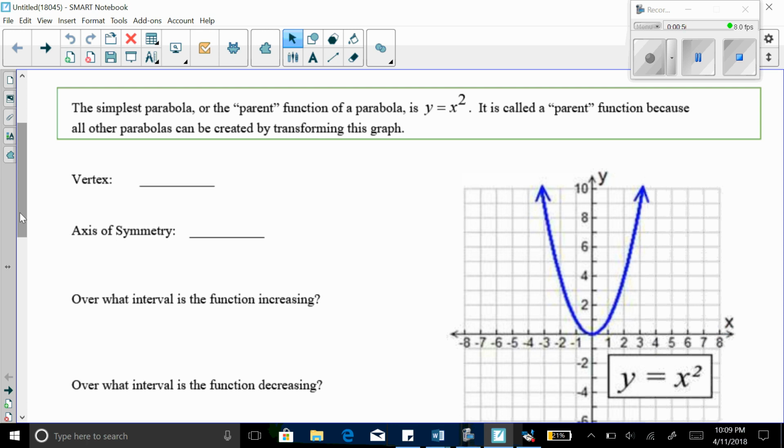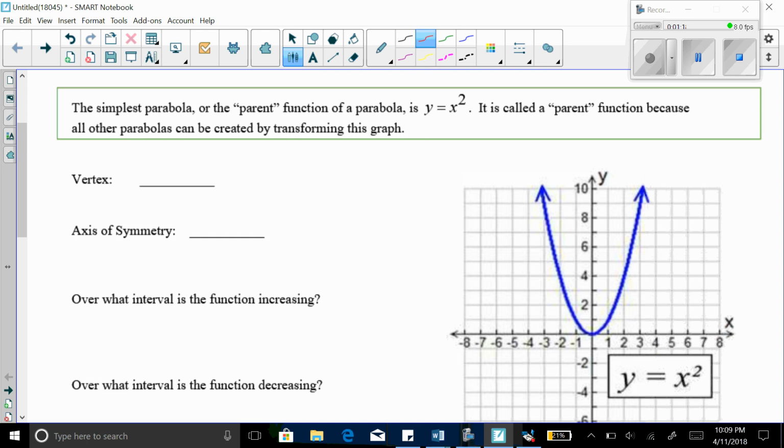So we start with our parent function, y equals x squared, and then every other parabola is based on this parent function. You don't need to really memorize that. Just know that y equals x squared is like the basic parabola.